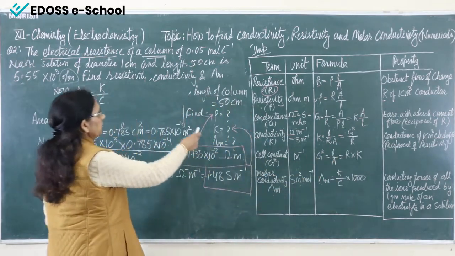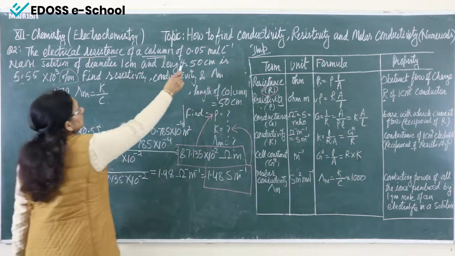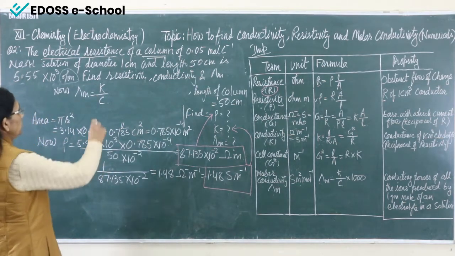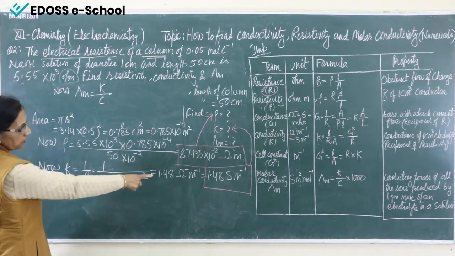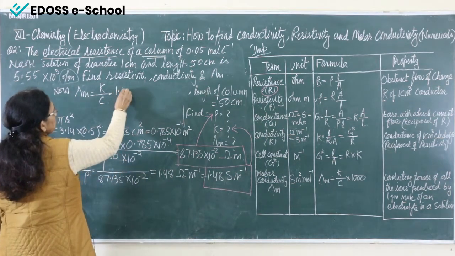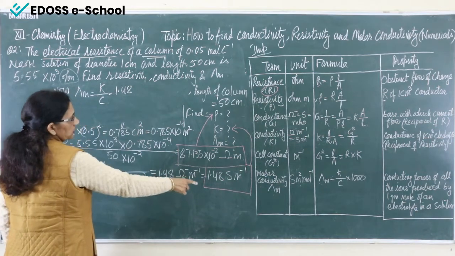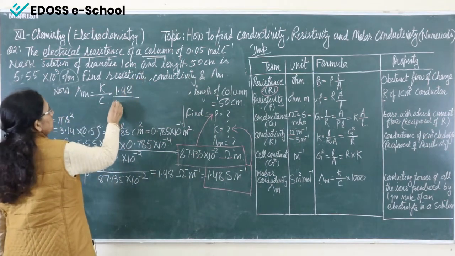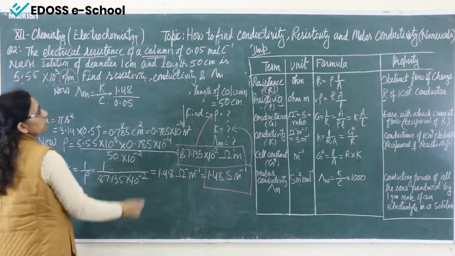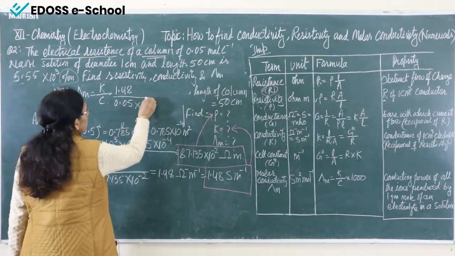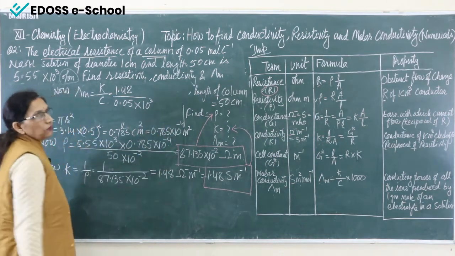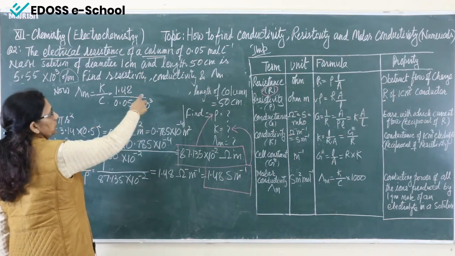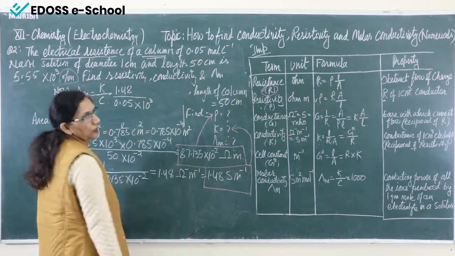We can multiply this 0.05 by 10 raised to power 3. Now K we have already found, 1.48 Siemens per meter, and C is given to us 0.05 mole per liter. So we will multiply it by 10 raised to power 3. Or simply you can remove this and multiply it. Same formula you can apply here.